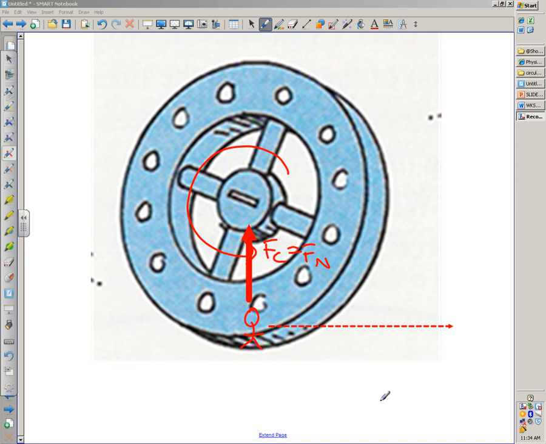Remember towards the end of last week when we started talking about g-forces? We said that g-forces have the ability to make your body appear that it weighs more than it actually does. Does that sound familiar? This is the same, except now we would apply it a little bit differently. Are there g-forces acting on you right now? Yes. A g-force is just a fancy name for a normal force.